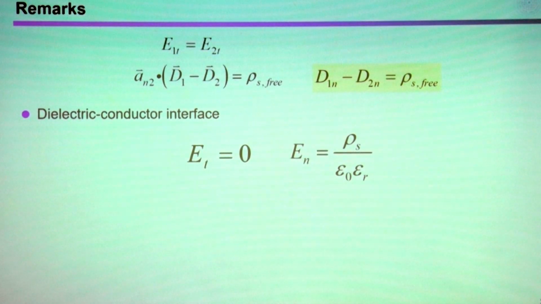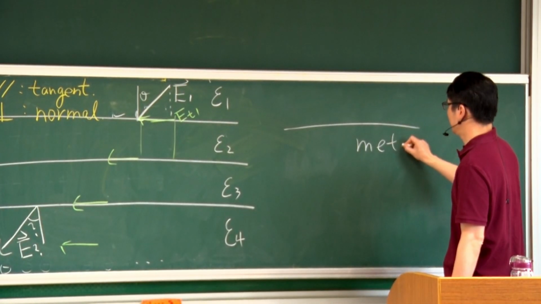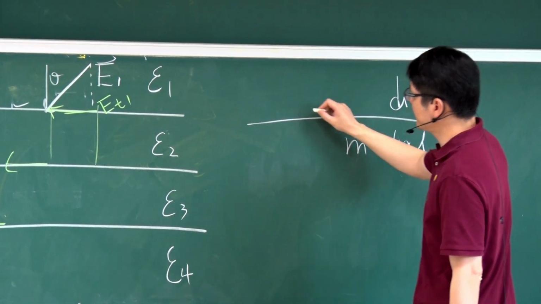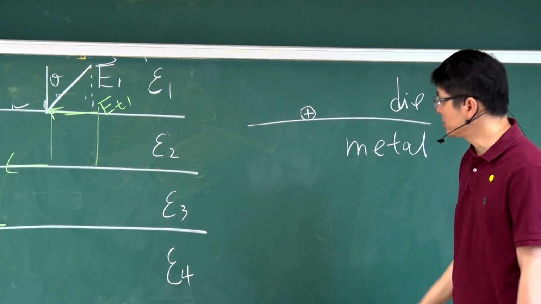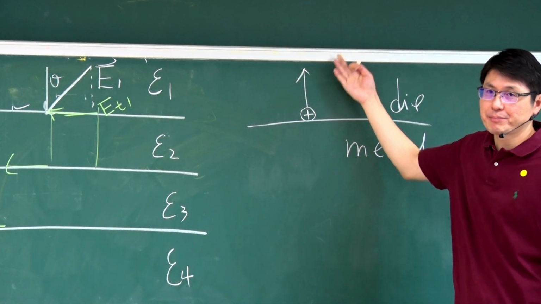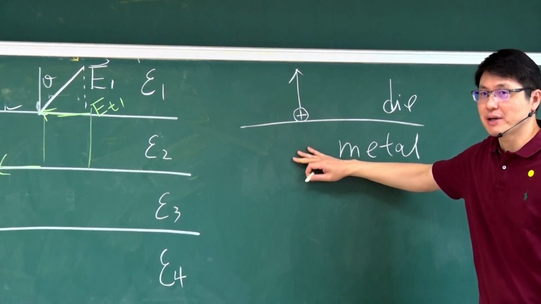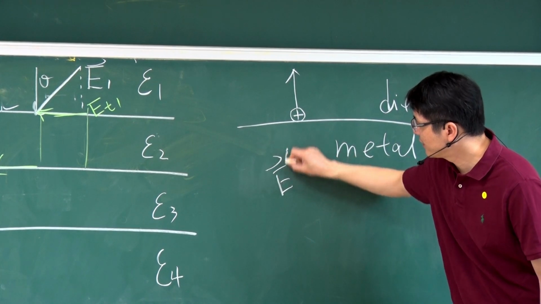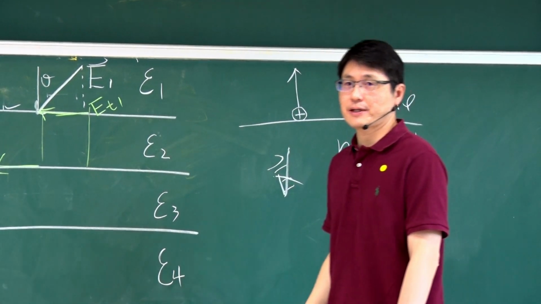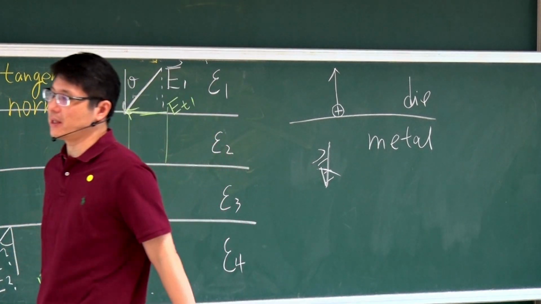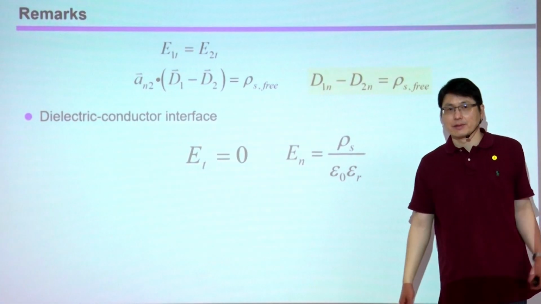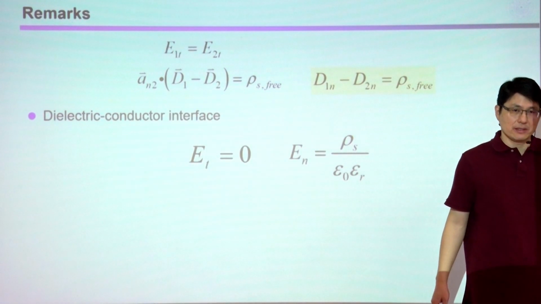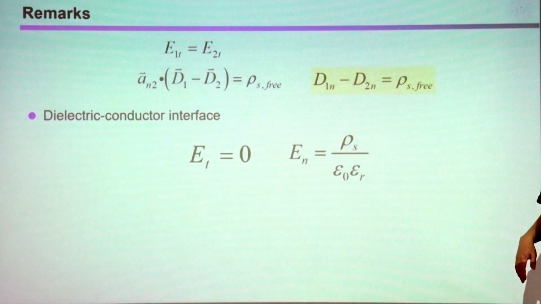So this again is verifying that if we have a metal dielectric interface, even though I can have some charge being deposited, I can only have the normal component of the E field. Because inside the metal, I cannot have any field. Okay? So this is the rigorous proof due to boundary condition to verify that picture. Okay? So that picture is really valid if you have a perfect metal. Right?